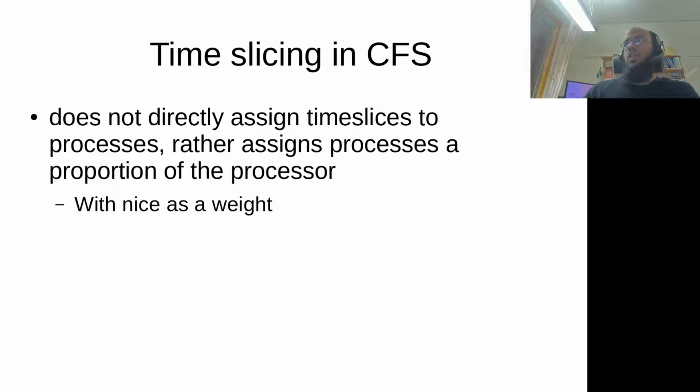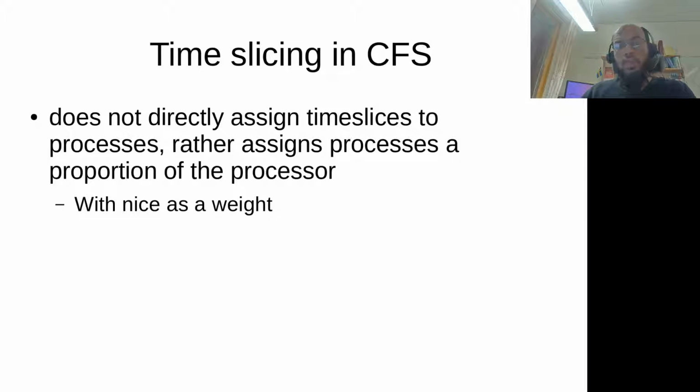So in CFS, time slicing does not depend on constant time. When we were talking about the MFQ, we said that you might have higher priorities having 10 milliseconds, lower priorities having 70 milliseconds, for example, in the different queues that you had.